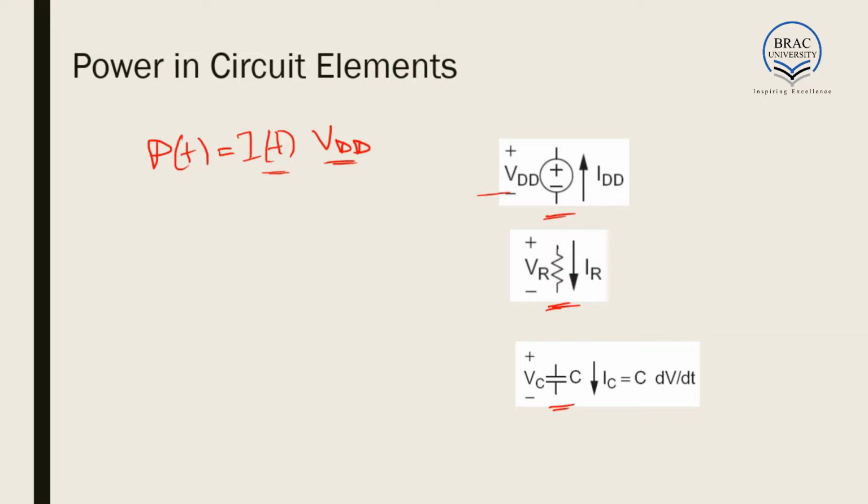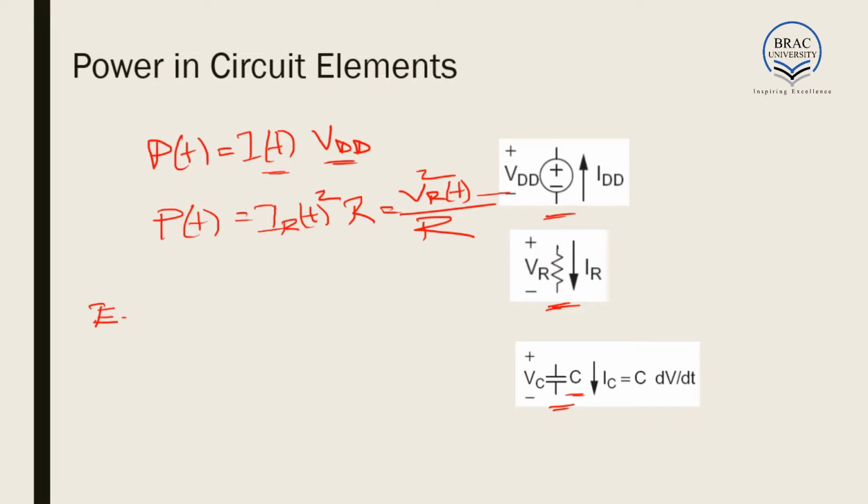Now, when we are considering a resistance, we get the instantaneous power equal to i_R(t) squared times R, or v_R(t) squared by R. By using either of these two equations, we get the power delivered to the resistor. In case of the capacitance, we can measure the energy. Power is equal to energy by time.